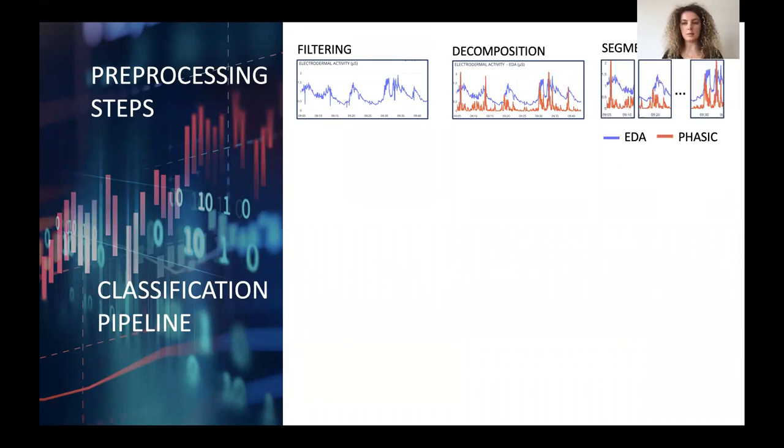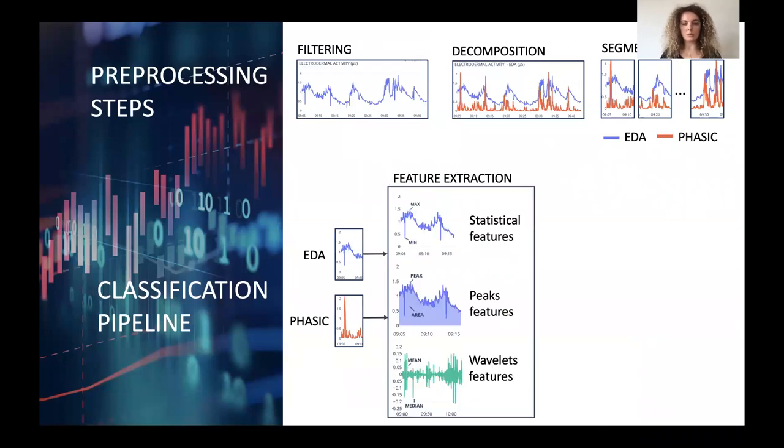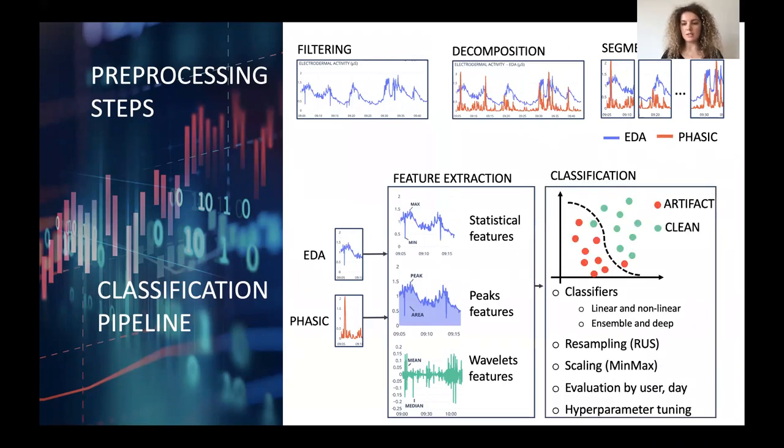We segment the data into 5-second windows, and we use these windows from both the mixed electrodermal activity signal as well as the phasic components as an input to the classification pipeline, which is composed of feature extraction, where we extract 3 types of features: statistical, peaks, and wavelets features, which are then used as input to different classifiers, linear and nonlinear classifiers, as well as ensemble and deep learning methods.